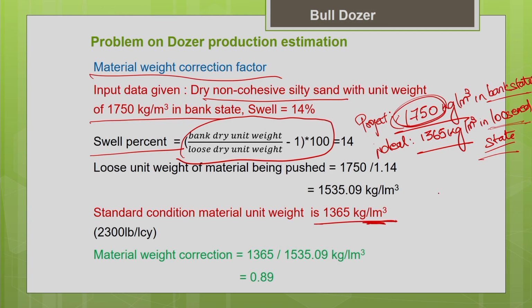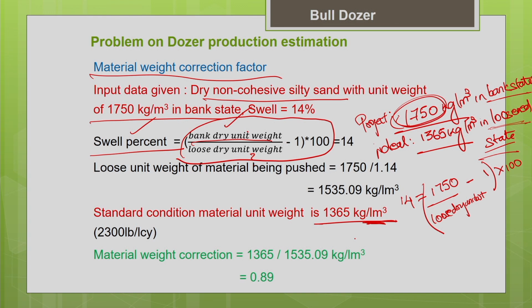Now let us convert the bank dry unit weight into loose dry unit weight. You know bank dry unit weight and you know the swell percent. What is unknown is loose dry unit weight. Swell percent 14 equals 1750 kg per meter cube divided by loose dry unit weight, minus 1, into 100.